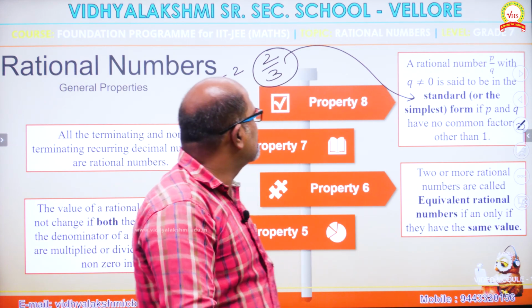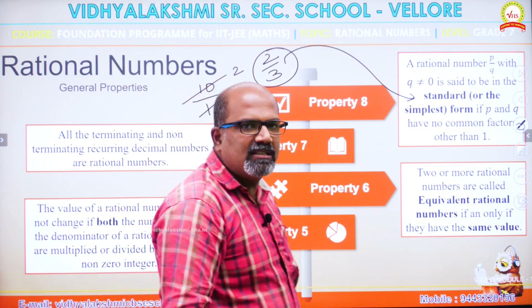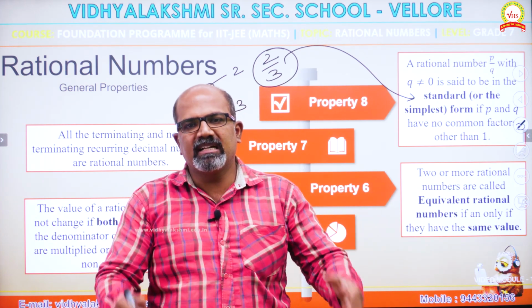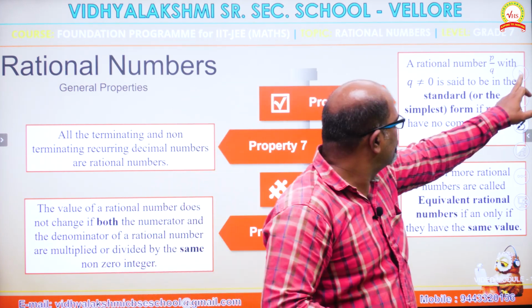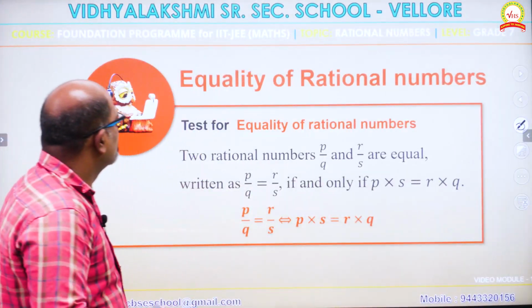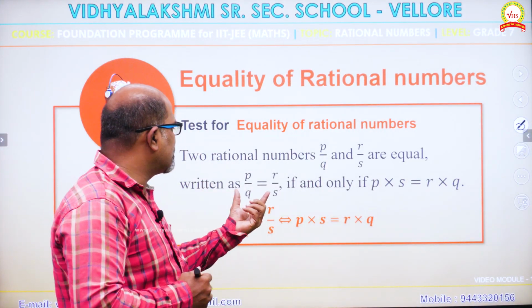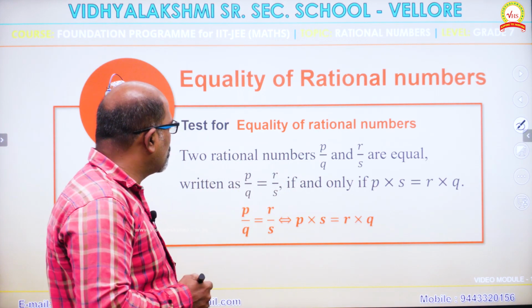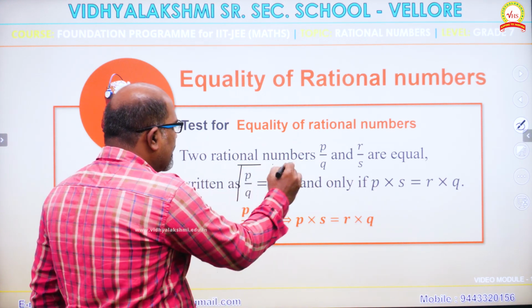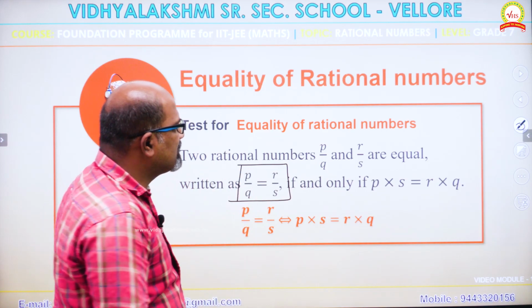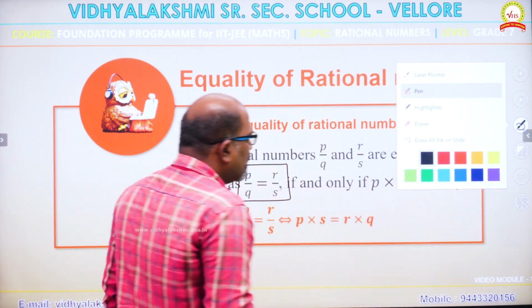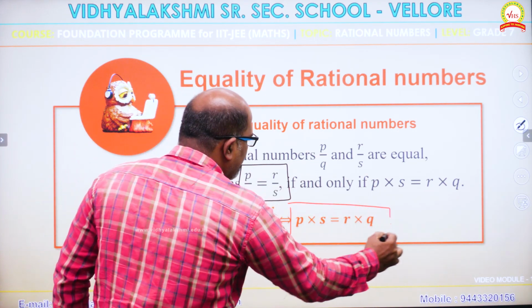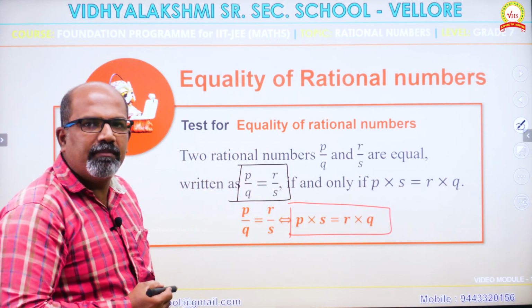So these are the 8 general properties that govern rational numbers. And then next, two rational numbers p by q and r by s are said to be equal if and only if p multiplied by s is equal to r multiplied by q.